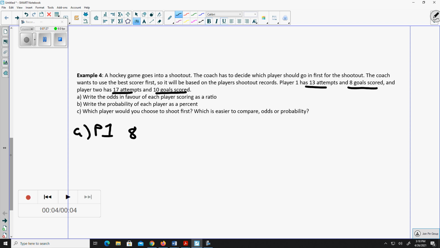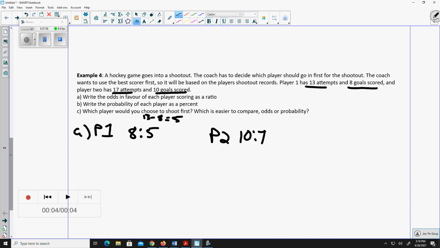So he had 8 for, 5 against, right? I hope I don't need to explain that. 13 take away 8 was 5. Then for player 2, we know we got 17 attempts and 10 goals, so it's going to be 10 for and 7 against.